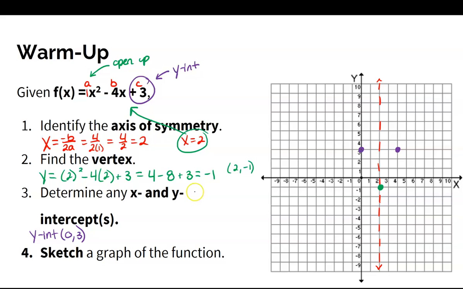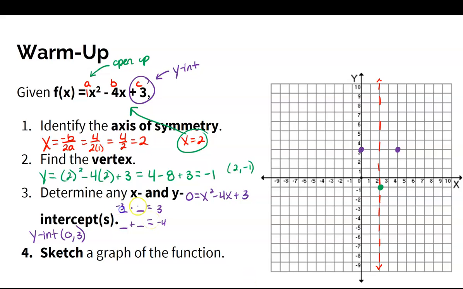To find the x-intercept, I want to set my equation equal to 0. And we're going to think of, are there two numbers that multiply to equal 3 and add to equal negative 4? If factoring doesn't work, then we would need to use the quadratic formula.